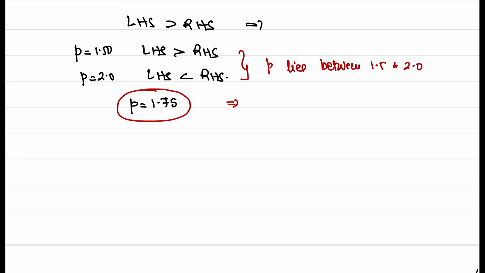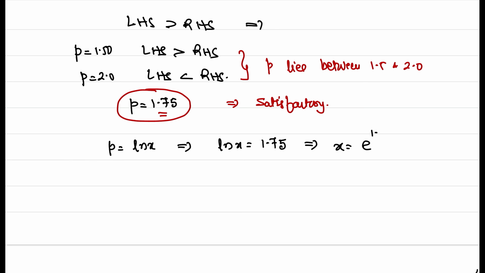Now let us say it is a satisfactory answer for P is equal to 1.75. What is P? P is equal to ln x, which implies ln x is equal to 1.75, which says x is equal to e to the power of 1.75.